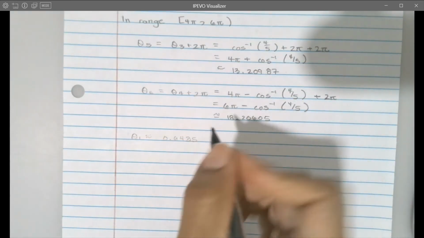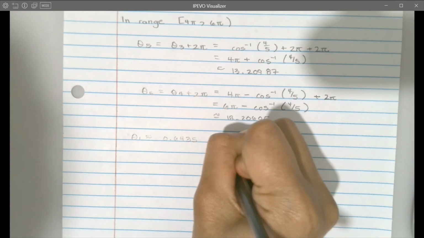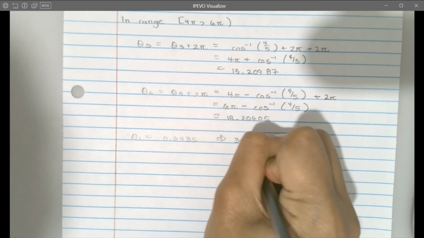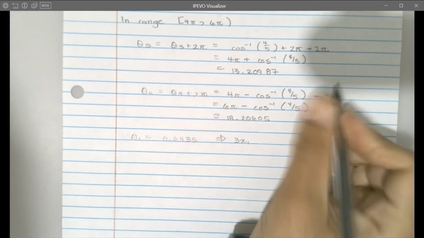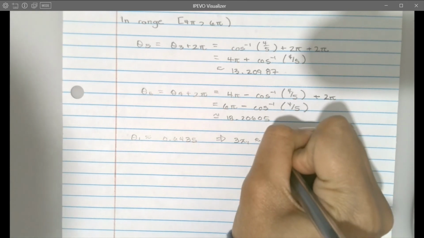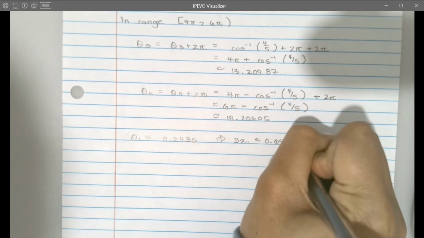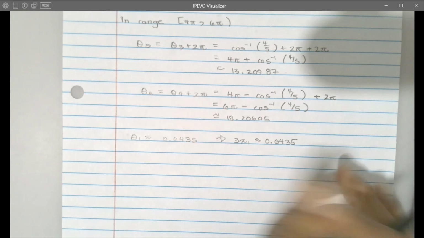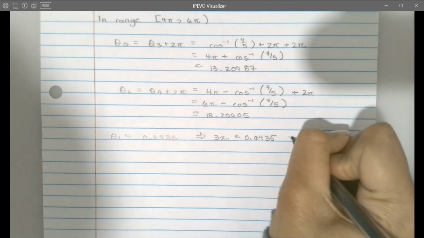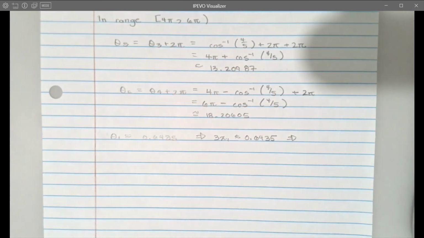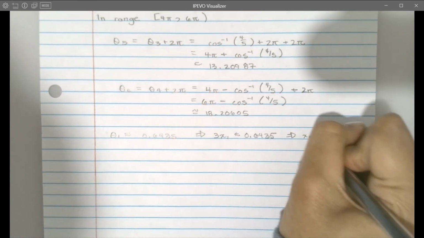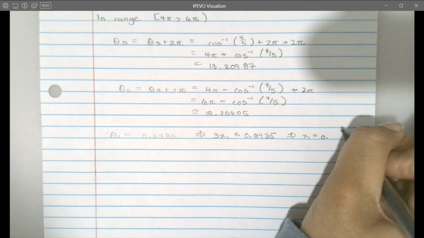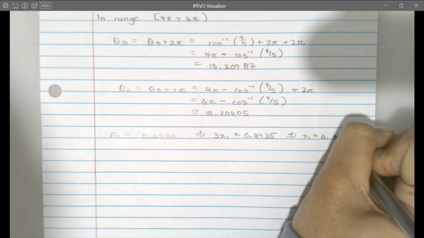So here we have then that 3 times x, and I'm going to label it x1 because it corresponds with theta 1, has to be approximately 0.6435. And if we divide by 3 both sides of the equation, we're going to get approximately 0.2145.